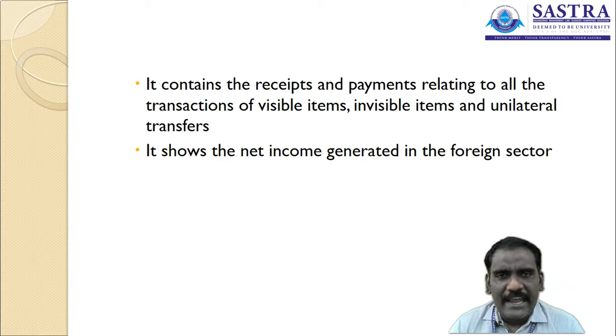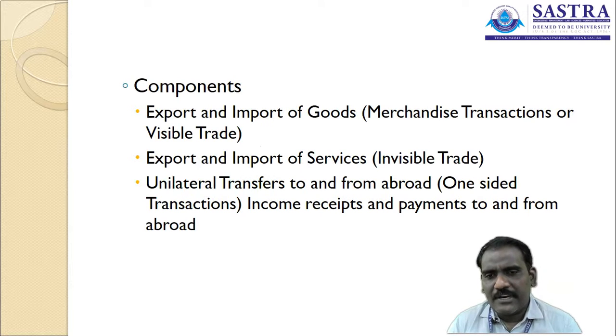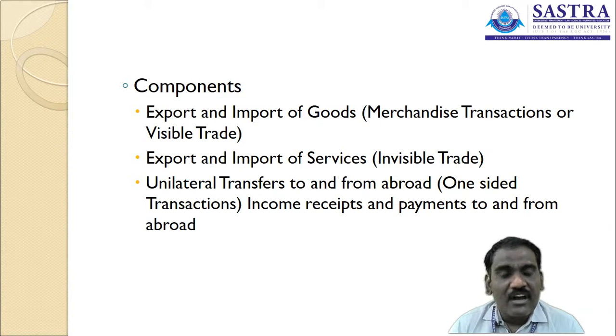So together we can add the items that come under the category of current account during a particular period of time, and we can classify the major components of a current account. It is export and import of goods, which we can call merchant transaction or visible trade, or balance of trade.